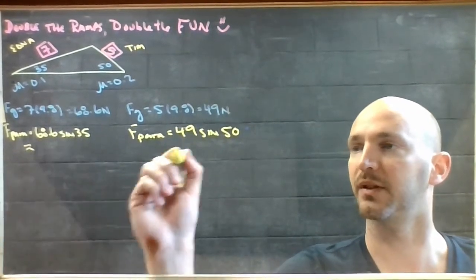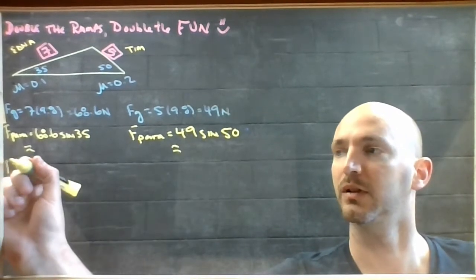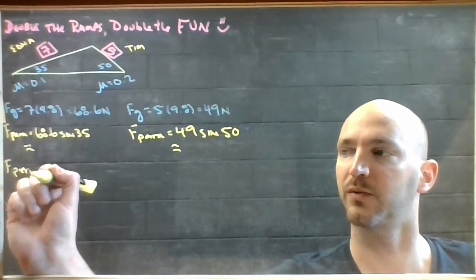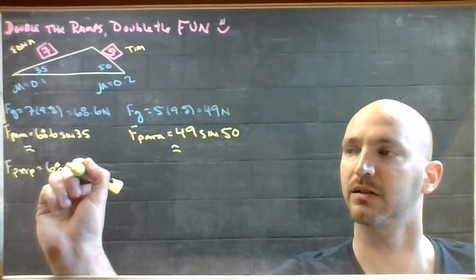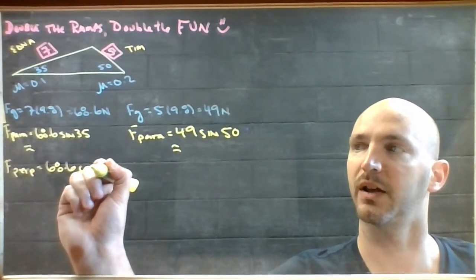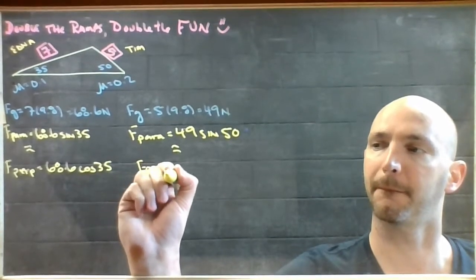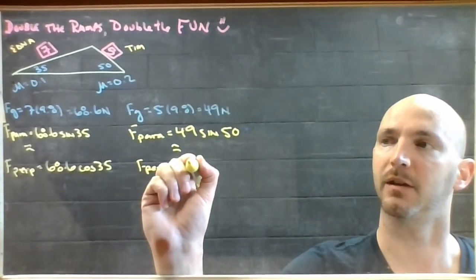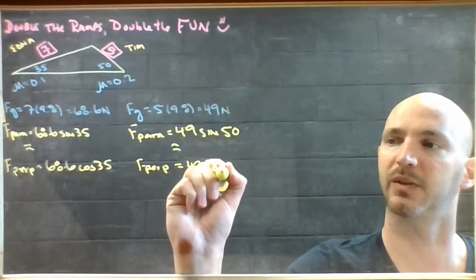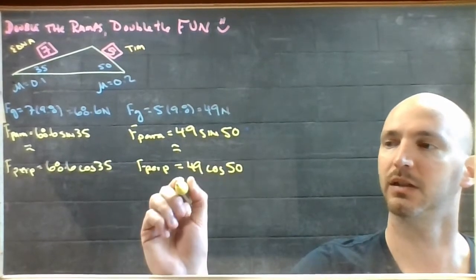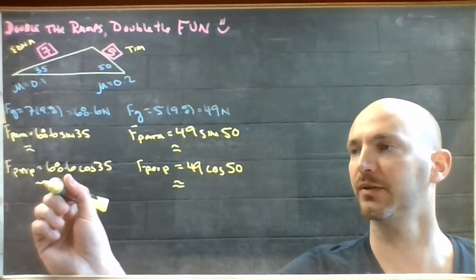Then perpendicular force would be full gravity cosine 35, and full gravity cosine of 50. Get approximates on those.